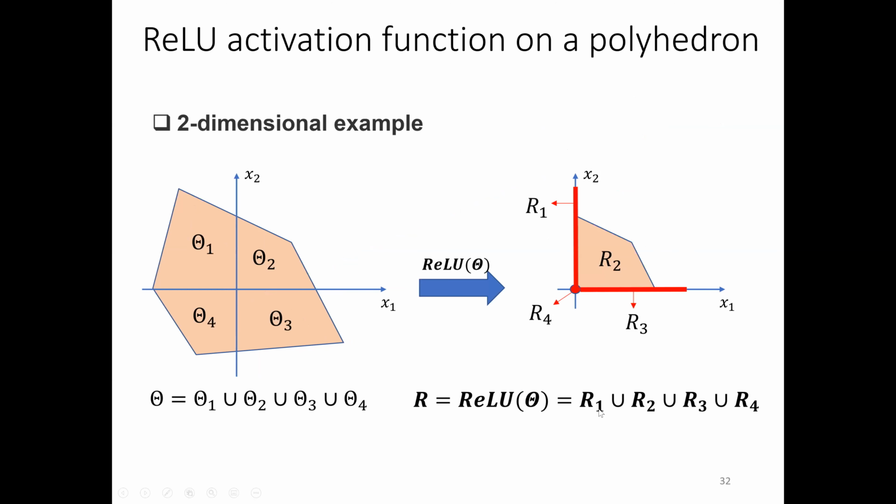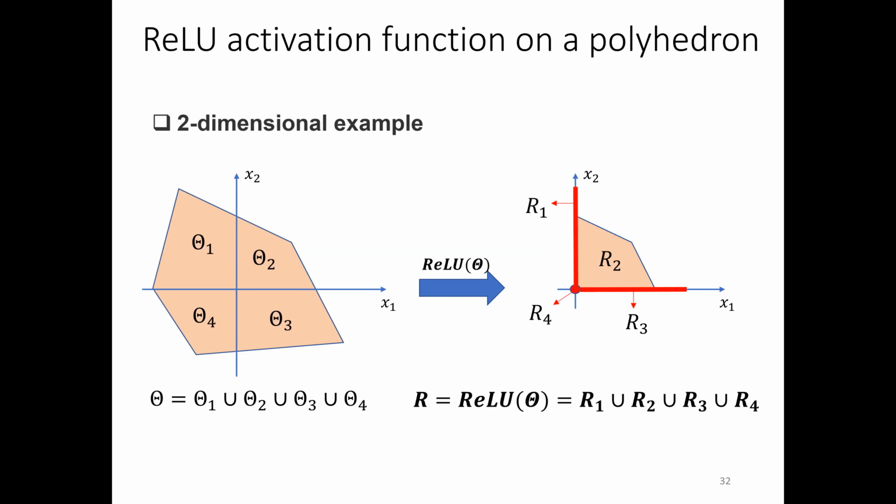Okay, so now for this 2-dimensional example, if you apply a ReLU operation on this set, you're gonna have 4 output sets, right? R1 is this segment, R2 is this polygon, R3 and R4, okay?